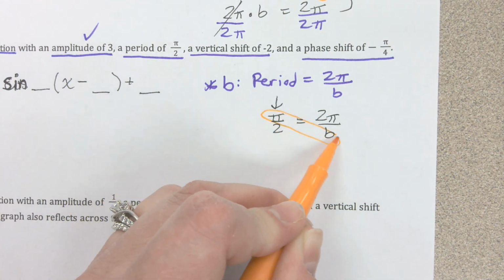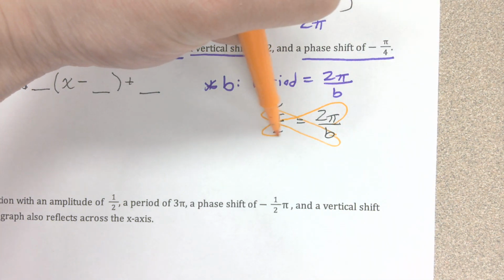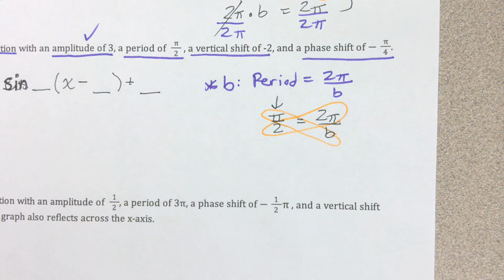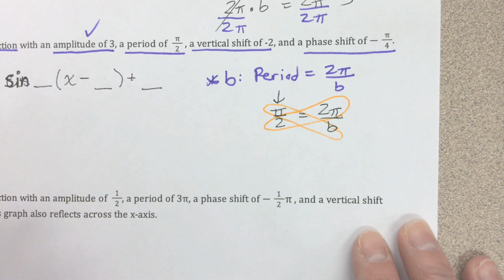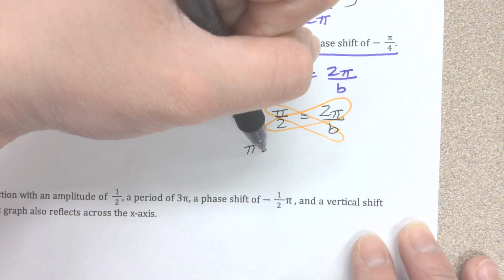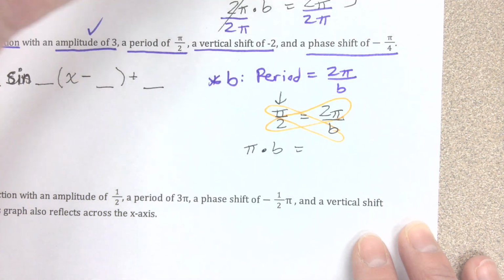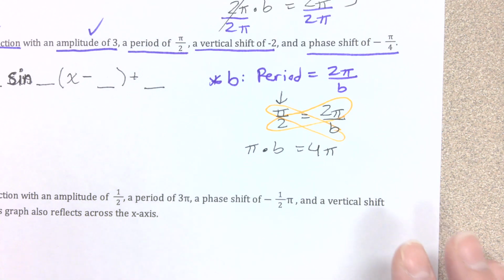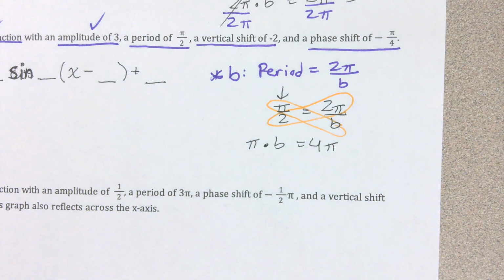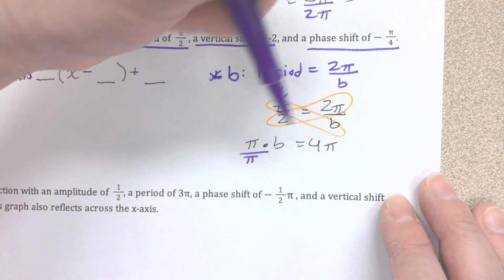Cross multiply to solve. Then we have pi times B equals 2 times 2, that's 4 pi. Again, at this stage, if you can clearly see that B is 4, stop there. If not, divide both sides by pi.